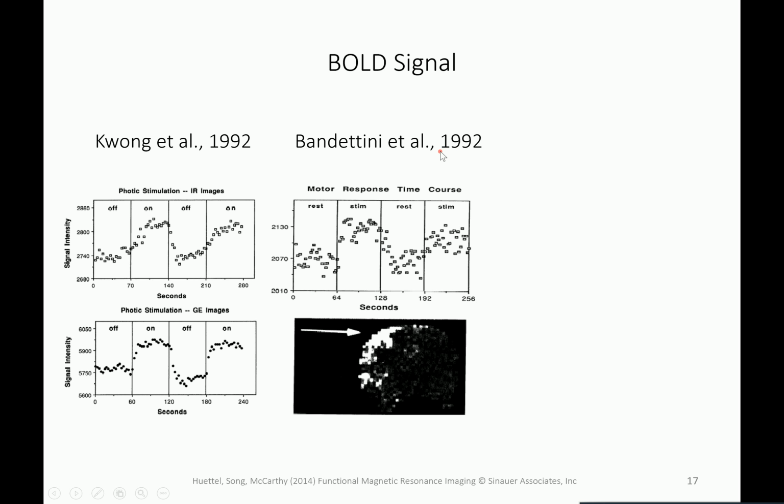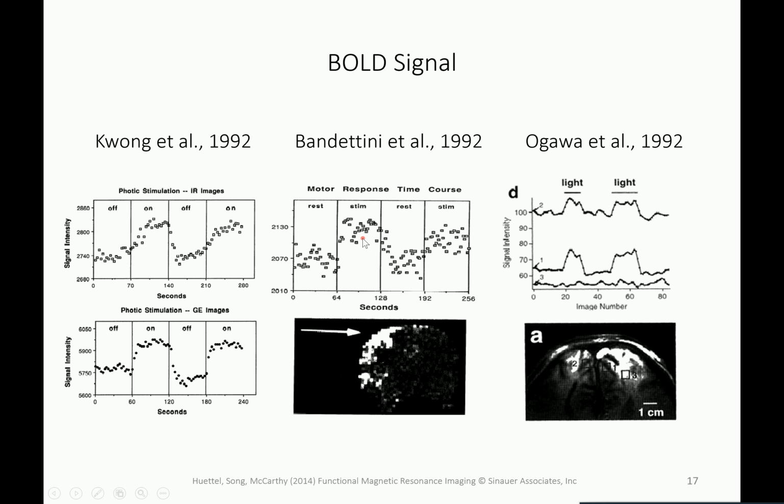This was then also done in a different domain where people move their fingers, so do a motor response. And if one looks at the signal recorded from motor cortex, one also sees that the signal goes up. And then there's another one that is again a visual experiment that shows that under visual stimulation the MR signal increases in visual cortices. Yeah? So these are the early pioneering human fMRI studies.